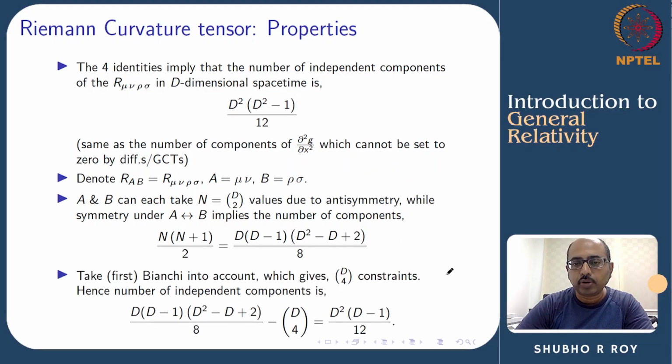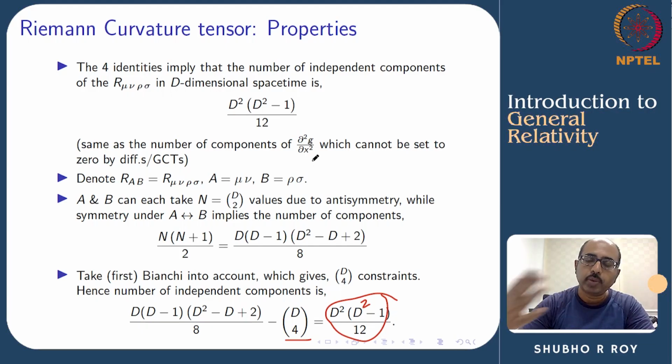And then we also have to subtract the number of Bianchi constraints, which is d choose 4, and then you end up with this figure of d squared times d squared minus 1 over 12, again a typo there. Now, if you remember the class in which we went to a freely falling frame and we were able to set the metric at a point to Minkowski and the connection to 0, but we were not able to set all of the second order components of g to 0.